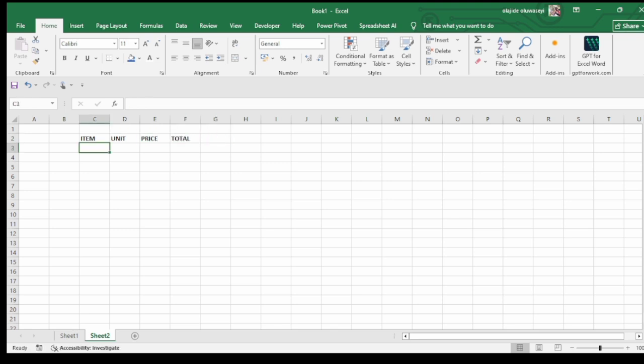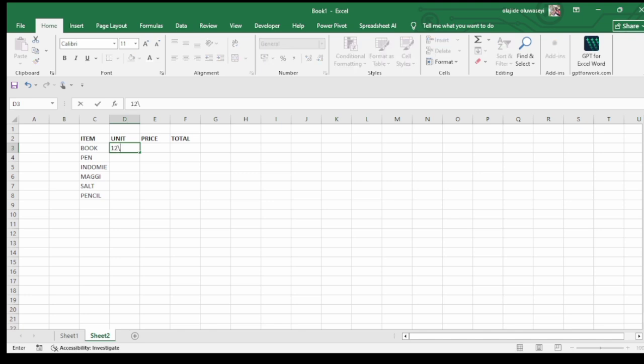So let's say item: we have book, pen, Indomie, Maggi, salt, pencil. So units, like how many quantity? When we talk about unit, that means how many.